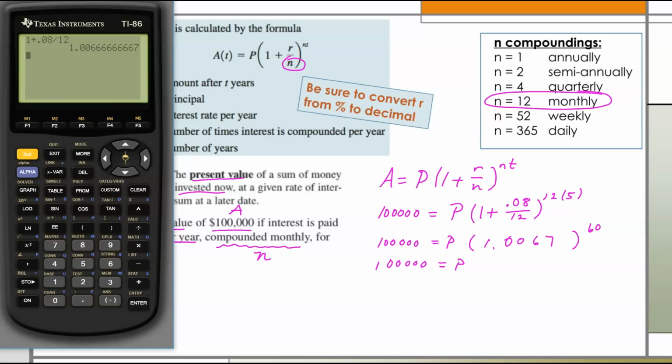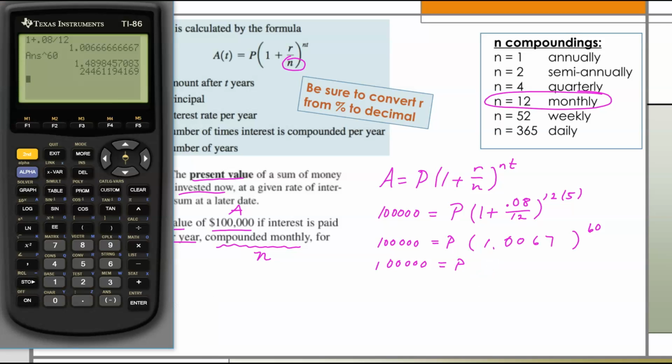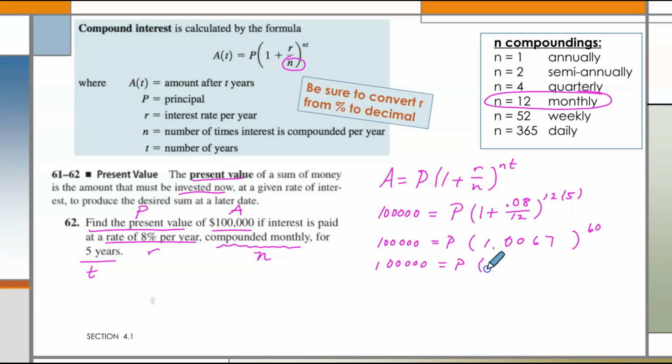If we raise that to the 60th power, that gives us 1.4898. So then to solve for P, all we need to do is divide this over.